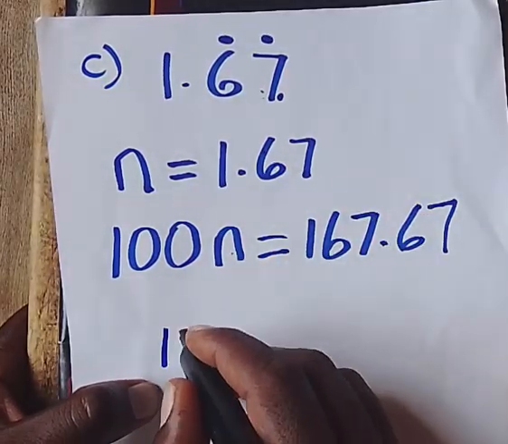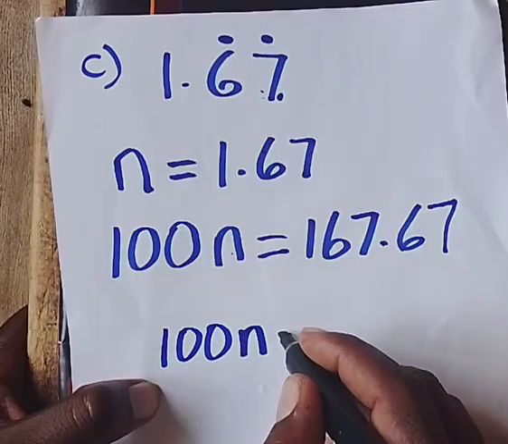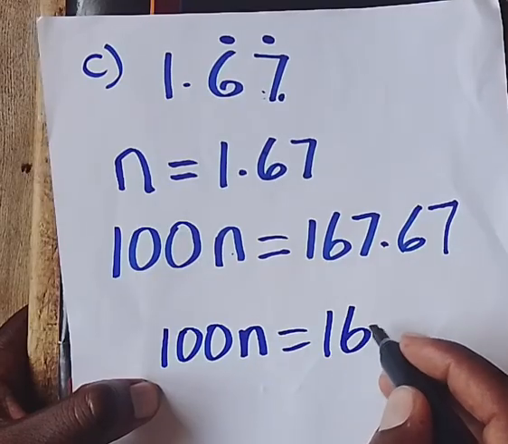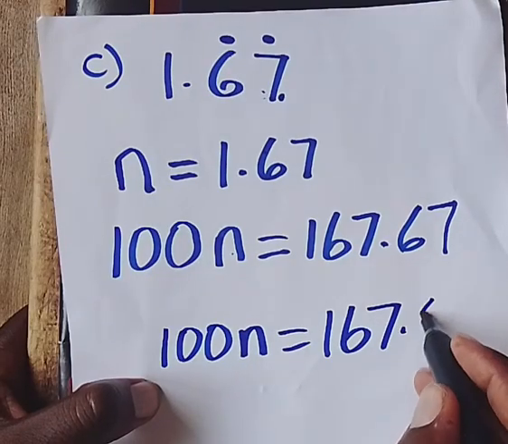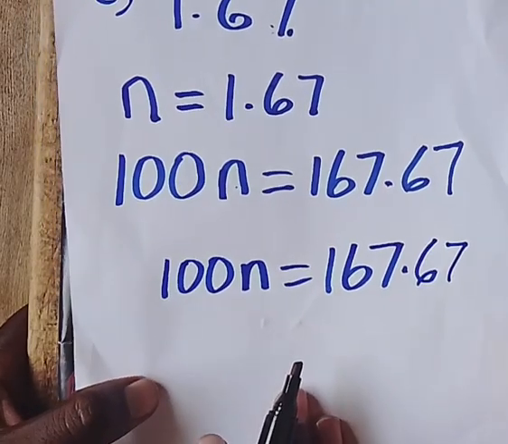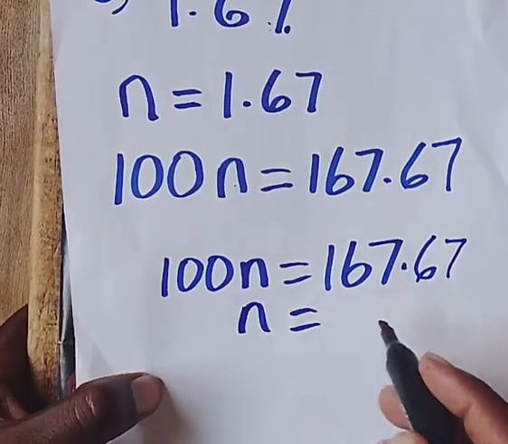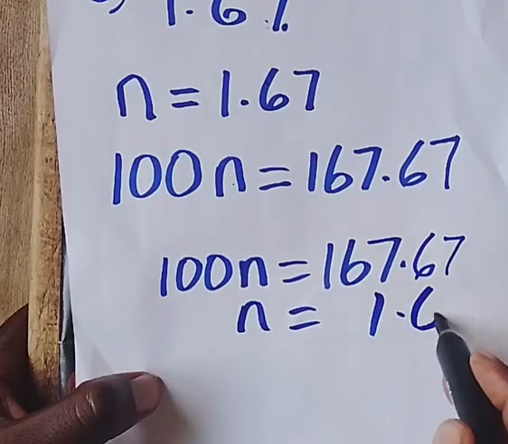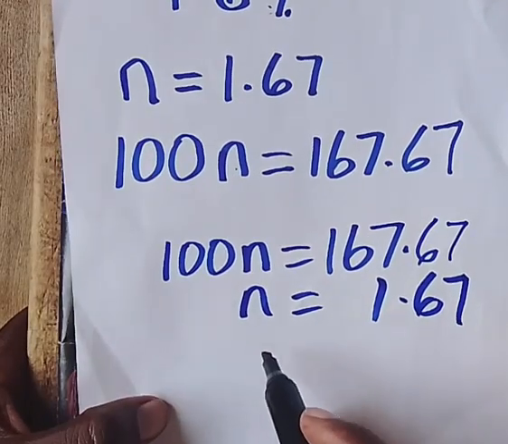So we'll have 100n is equal to 167.67. You subtract it from n, which is 1.67.